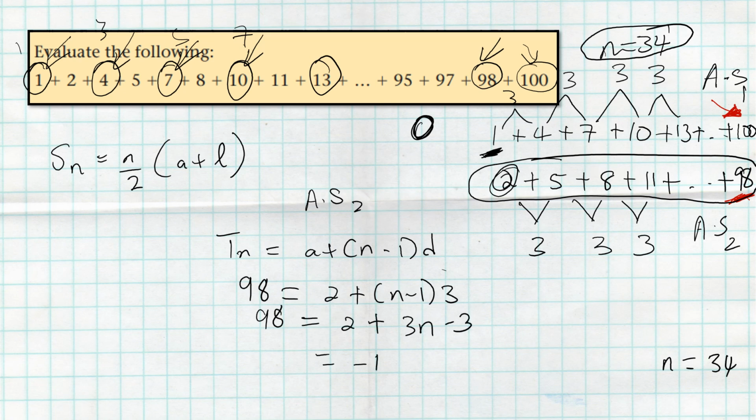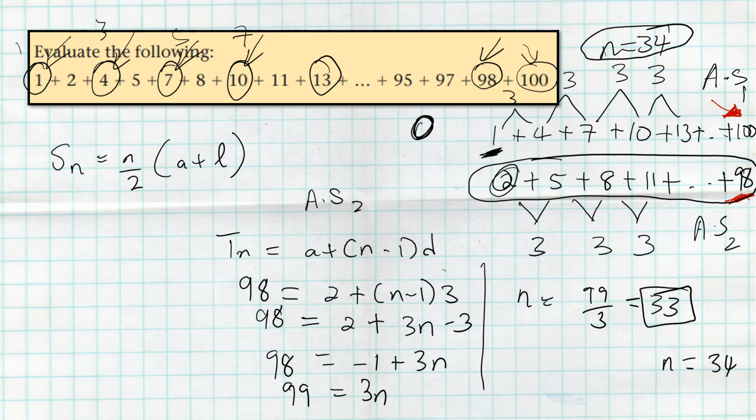So 2 minus 3 is minus 1, plus 3n, 98, 99. When 1 goes that side, it equals 3n. Then n is going to be 99 divided by 3, which gives us 33. So in arithmetic sequence 2, we have 33 terms being added together. You can see, right?